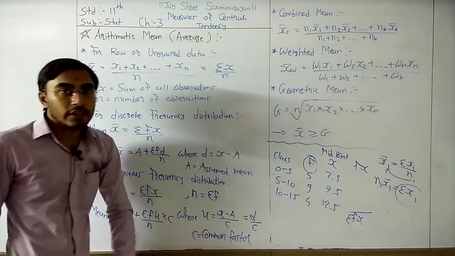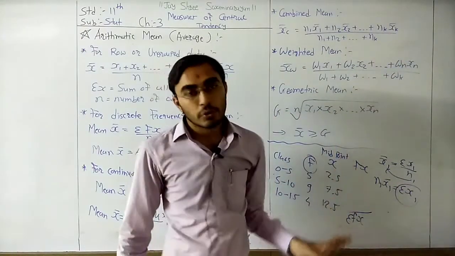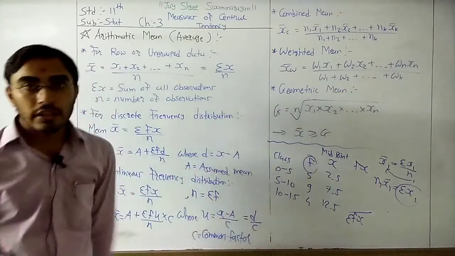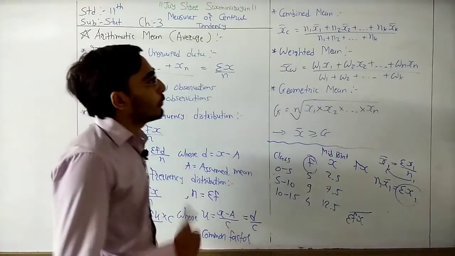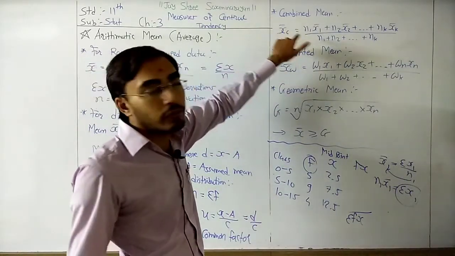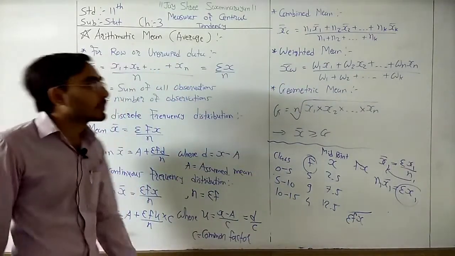For the combined mean: n1 x1 bar plus n2 x2 bar up to nk xk bar, divided by n1 plus n2 up to nk. This is the combined mean, xc, c for combined, and this is the weighted mean, xw bar.